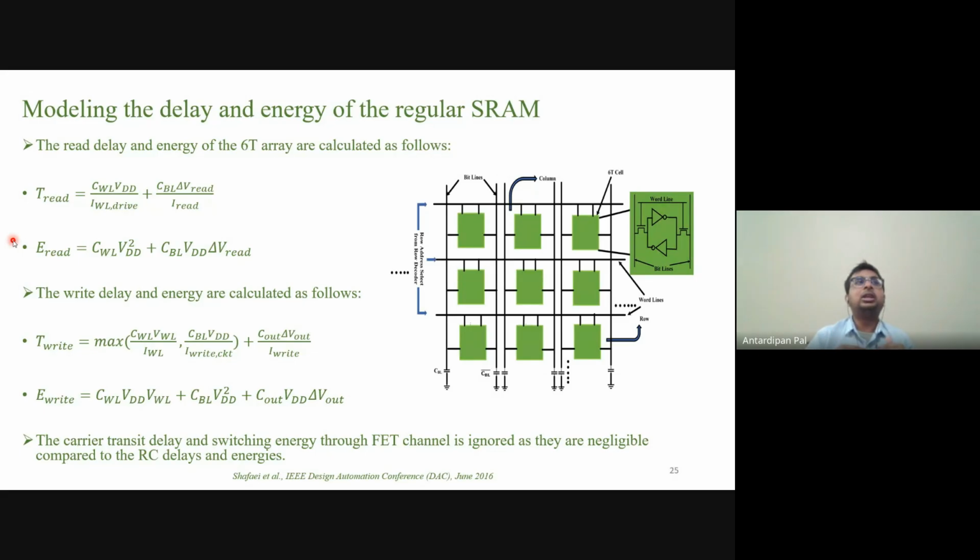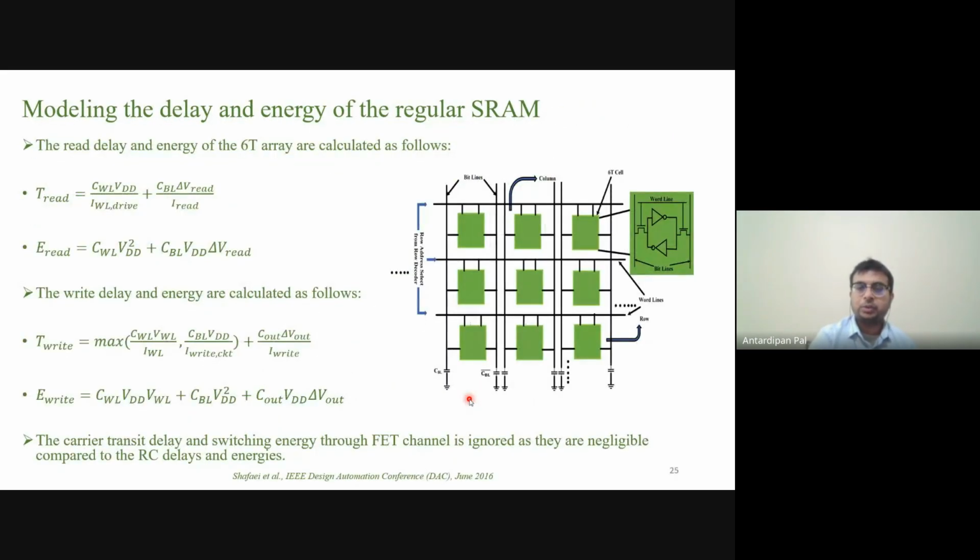Array means there are thousands and millions of such 6 transistor cells. These are one cell. There are millions of such cells in the whole structure.